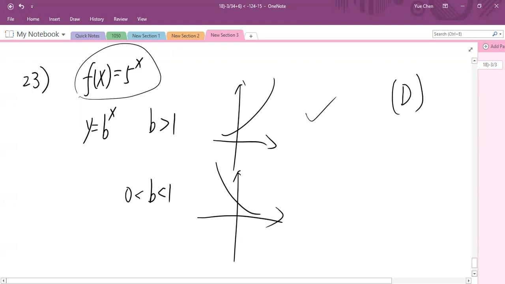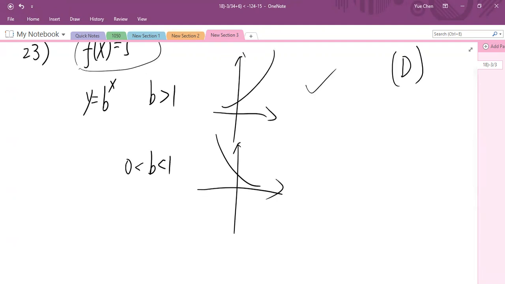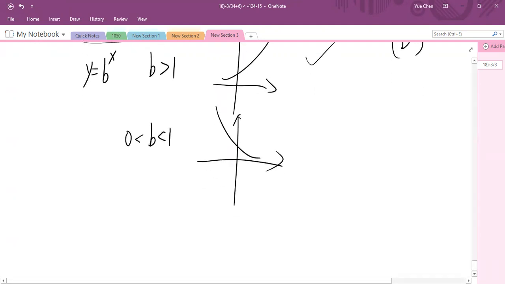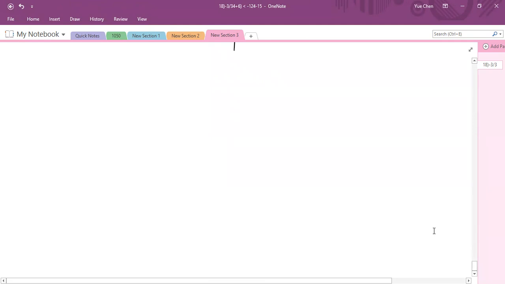Number 24. Again, this is continuous compound interest. So we need to use this formula: A equals P times e to the rt.